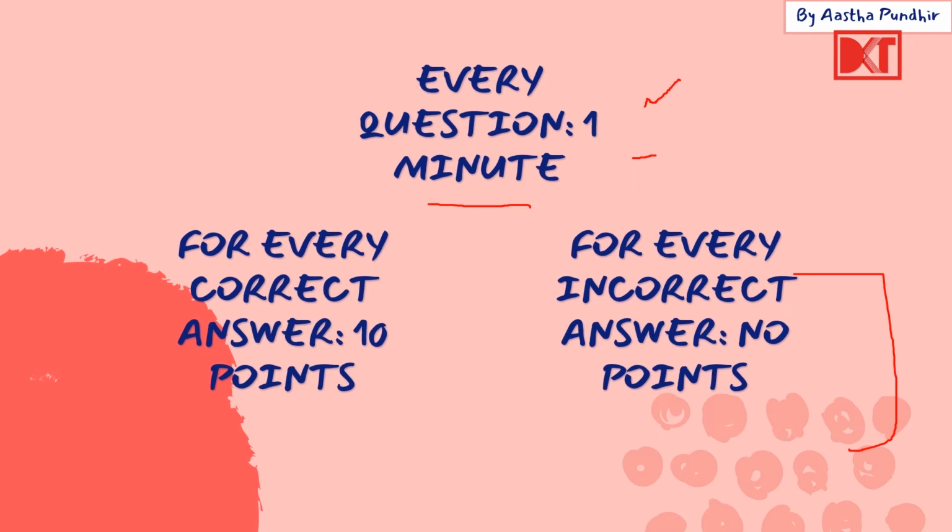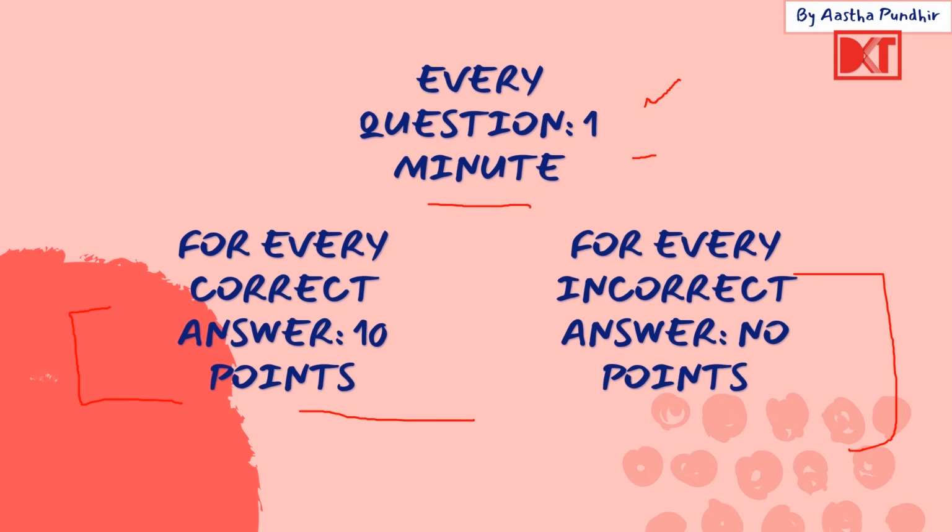Either you will get the marks for that question or you will get a 0, right? But if you don't attempt that question at all, then you are anyway getting a 0. So it is good to attempt those questions, and even if you don't know all the answers, try to understand and take a guess. Okay, so this is for every correct answer 10 points.